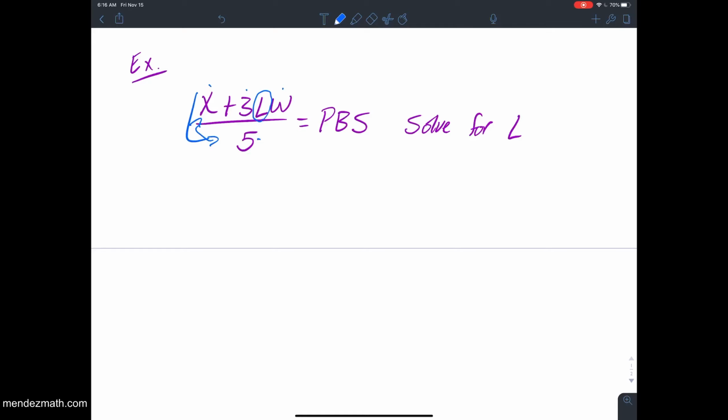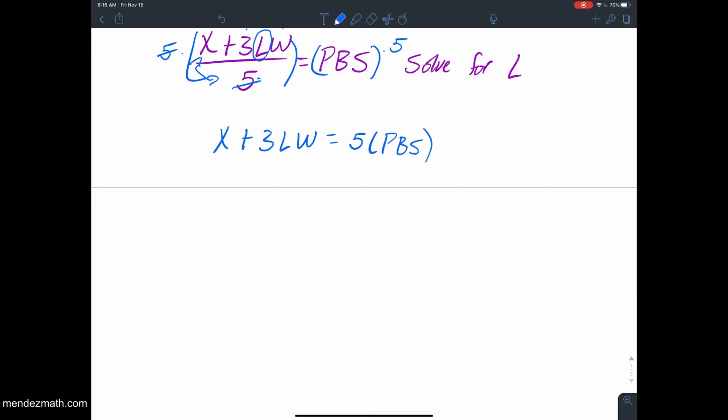So let's multiply both sides by 5. Because what you do to one side, you do to the other. And you're left with x plus 3LW equals, and you could just write this 5 parentheses PBS. Okay?